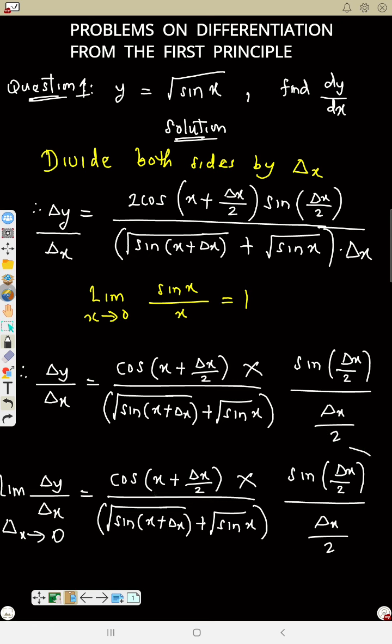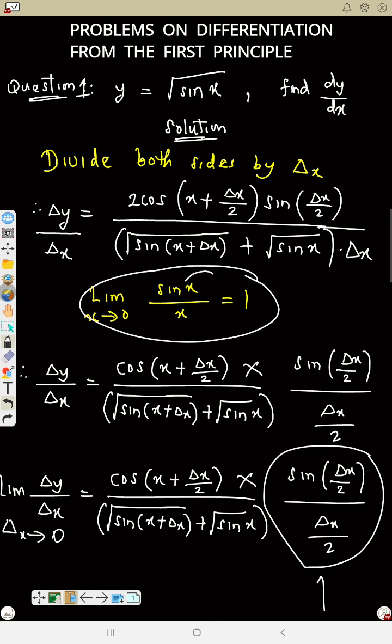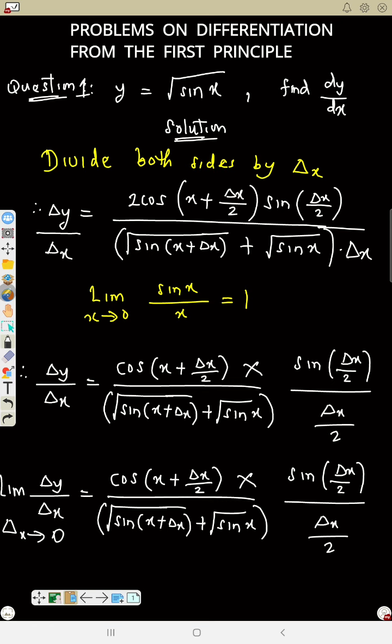And note that limit sine the s over 2 over the s over 2 will be equal to 1. As you can see here, if the expression here and here are equal, then you get 1, just like this one here. So that means all the expressions there will be 1.